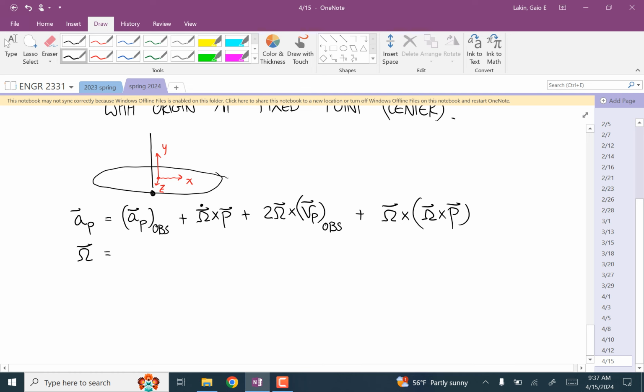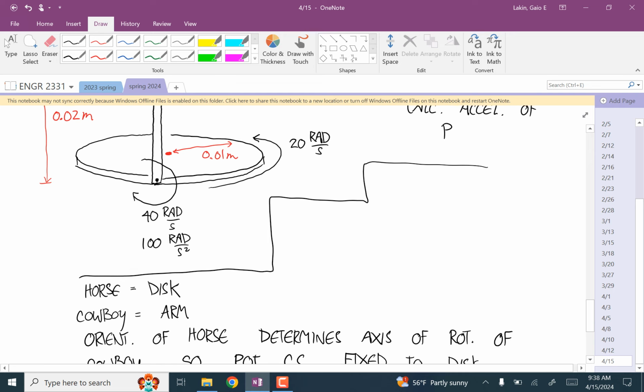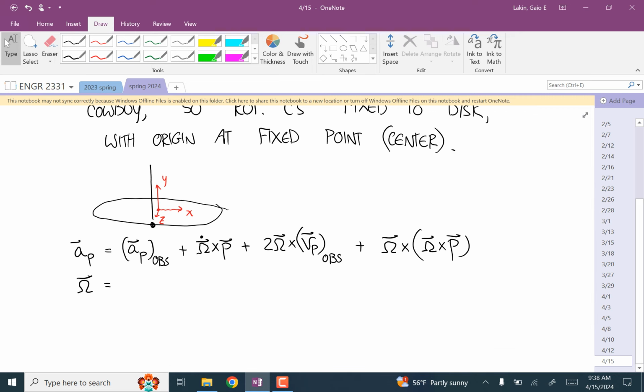So first, capital omega. That's always the angular velocity of the horse. That's the disk. So what's the angular velocity of the disk? I have 0, 20, 0, the way I have it oriented.